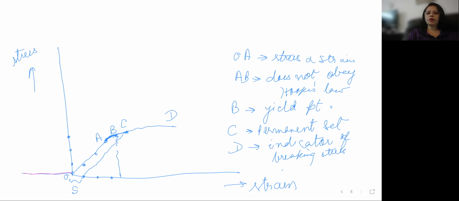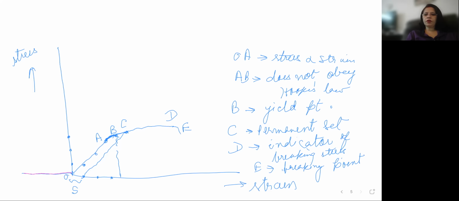Now, if I am decreasing the force, then at point E also it does not regain its original position or configuration. So E is called the breaking point. So this is about your elastic curve.